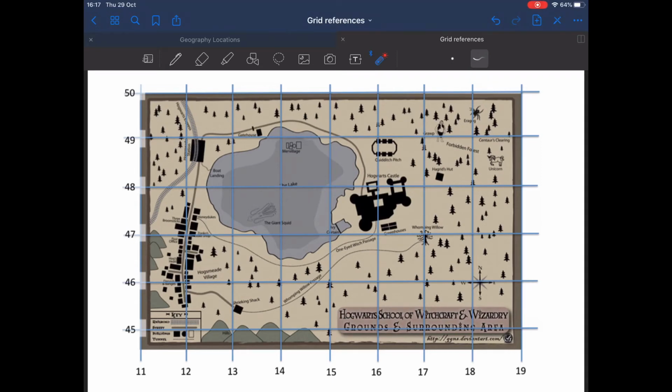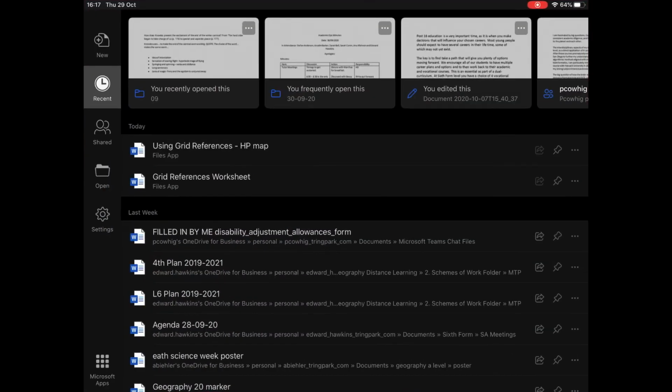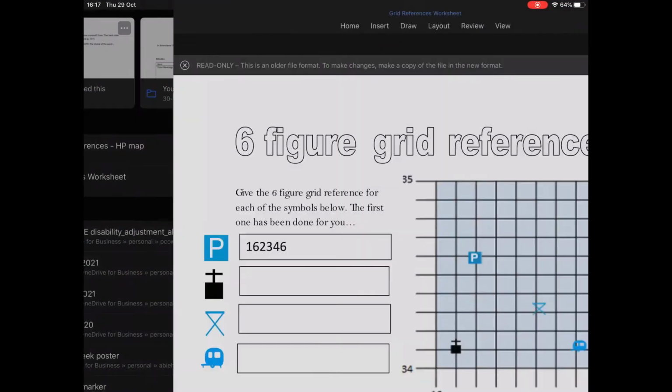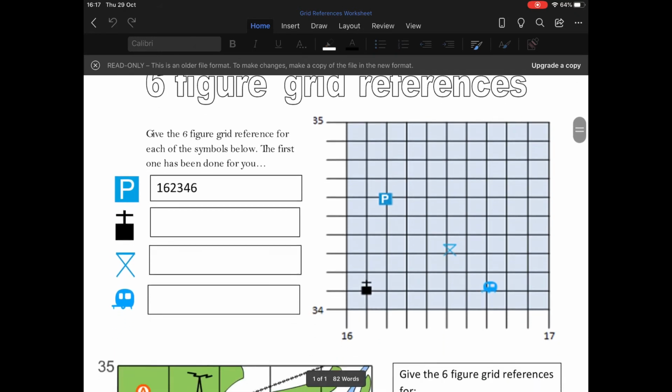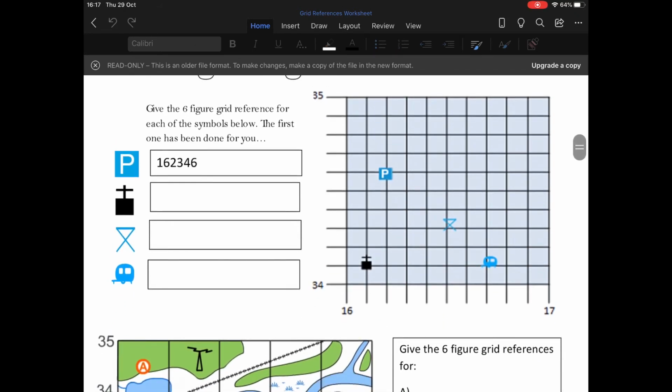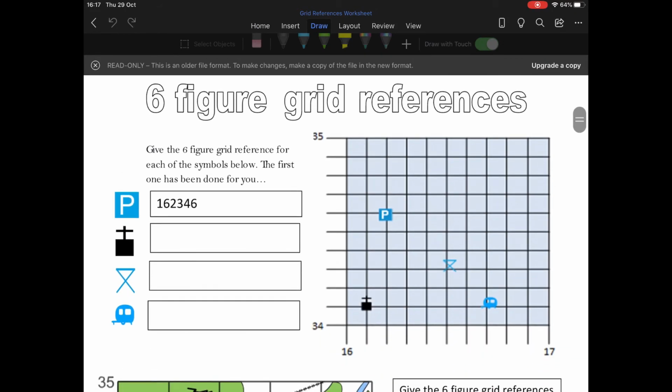And a way to imagine this is if the grid square is actually broken up into 10 individual little pieces, which, if you look on the grid references worksheet, you can see that they've kind of done that for you. So this would be one grid square, which you can see here. One nice clear grid square sort of marked on. And then they've divided it up into 10 individual pieces going across the bottom.